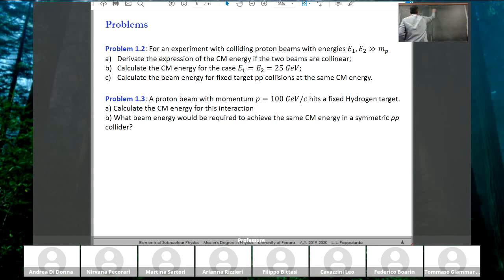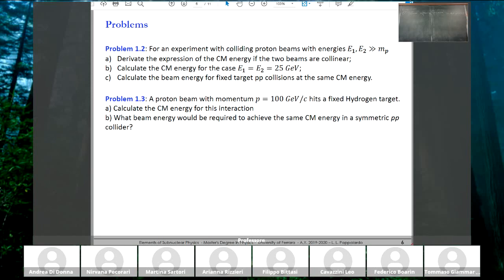So this is (100 GeV/c) squared plus approximately 1 GeV, or more correctly 0.938 GeV, squared. But then you recognize that this is completely negligible compared to this. So this is essentially still 100 GeV. That means it is essentially equal to the momentum of the proton.